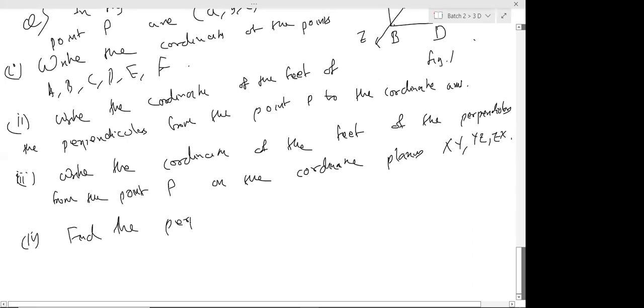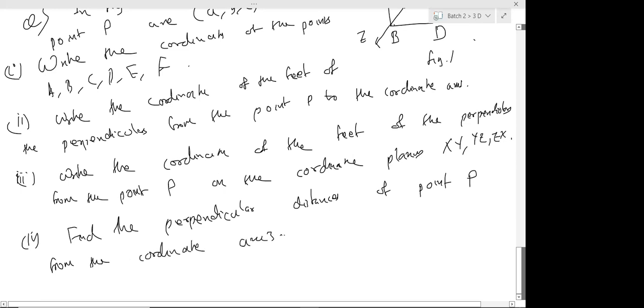Find the perpendicular distances of point P from the coordinate axis. All right, try to solve this question. Send the answers in the chat. I'll give you a few minutes.